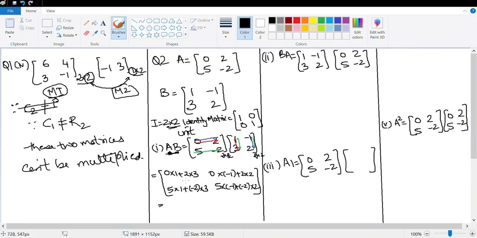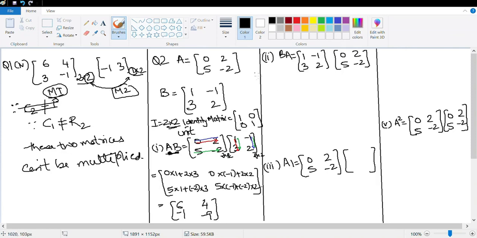So 0 into 1 is 0, 2 into 3 is 6. Next, 0 into negative 1 is 0 plus 2 into 2, that's 4. 5 into 1 is 5 and this is negative 6, so 5 minus 6 is negative 1, and that's negative 5 and negative 4, so that's negative 9. We'll do an adequate number of questions so that it becomes clearer.